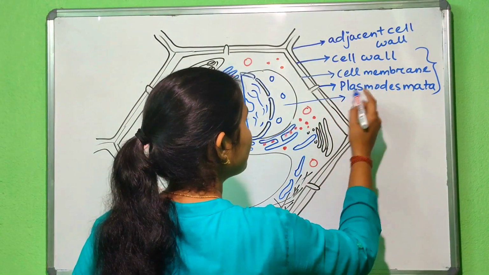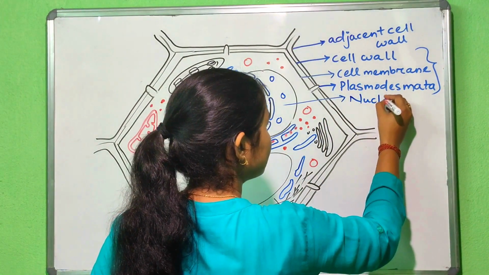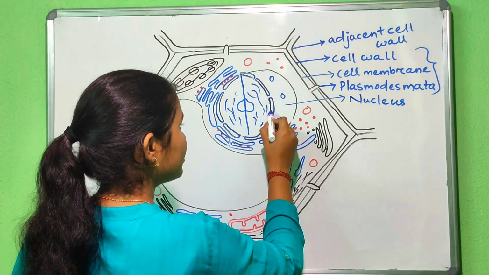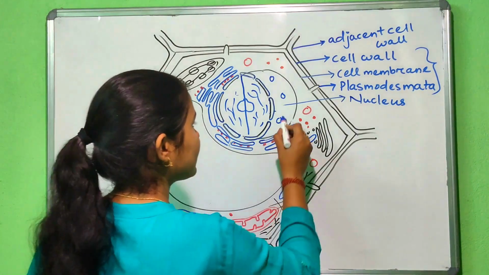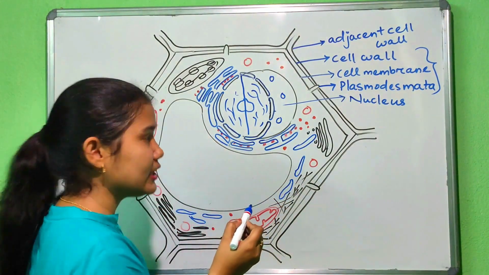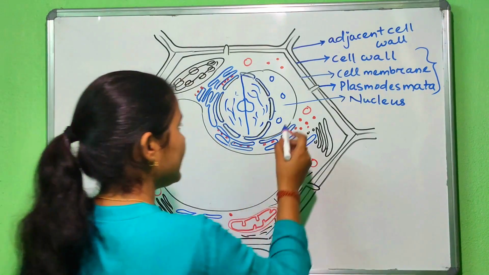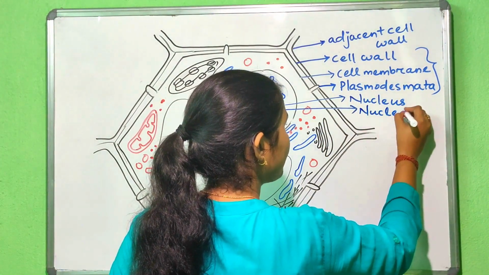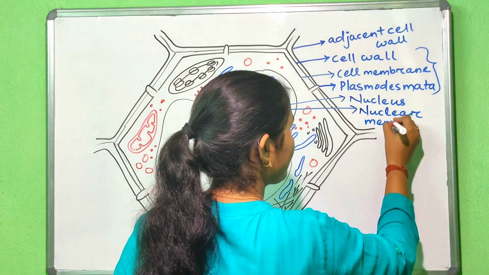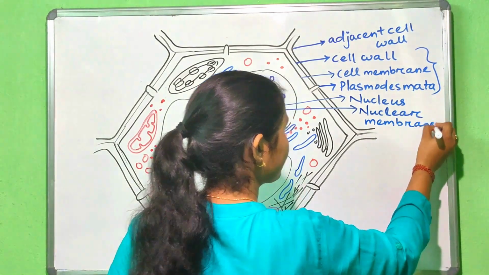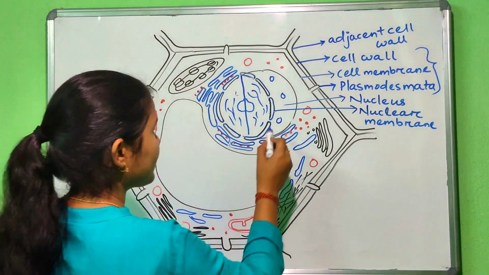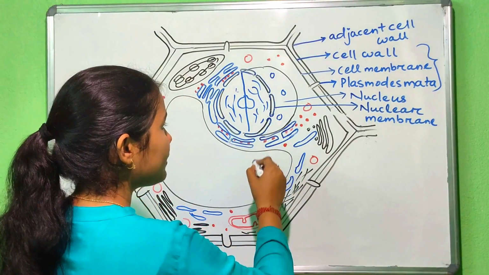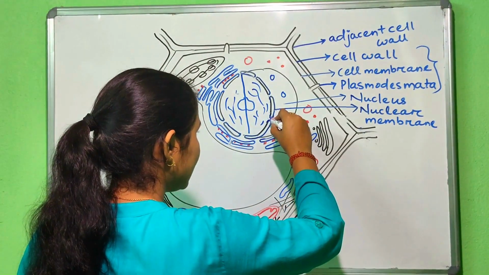Now, what is this? This is the nucleus. Then these are the two membranes of the nucleus. What do we call the membrane of the nucleus? We call it the nuclear membrane. Then there is the pore between the two nuclear membranes.